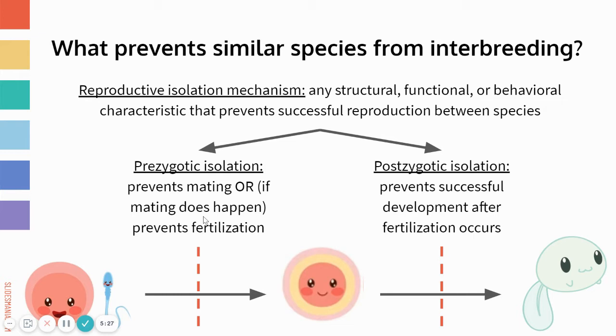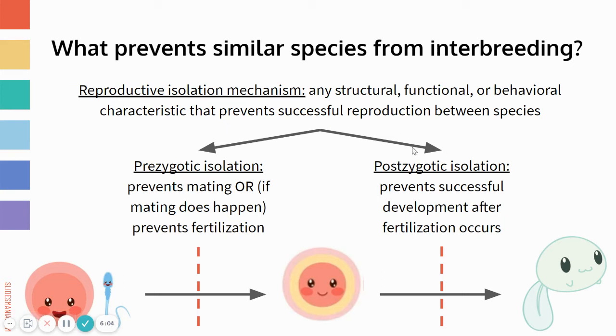There are all kinds of different barriers, or reproductive isolation mechanisms, and we'll be thinking about two main subdivisions of them. Those divisions have to do with whether the barrier occurs before fertilization, that is, whether the barrier prevents fertilization from happening. These are called prezygotic, because a zygote is the word for a fertilized egg. If it happens before a zygote is formed, it's called a prezygotic isolation mechanism. This would be something that prevents mating, or if mating does happen, prevents fertilization of the egg by the sperm.